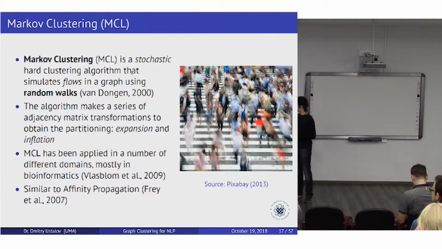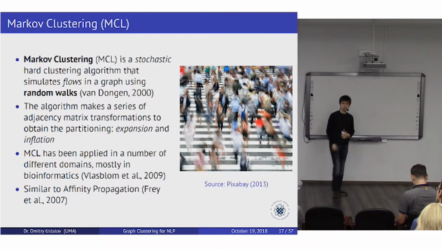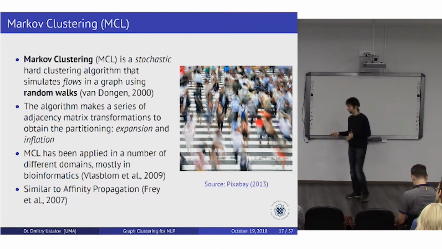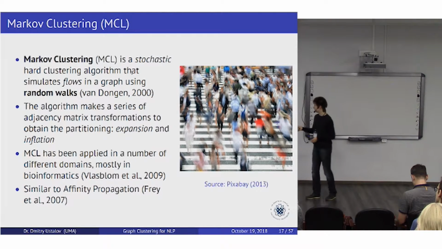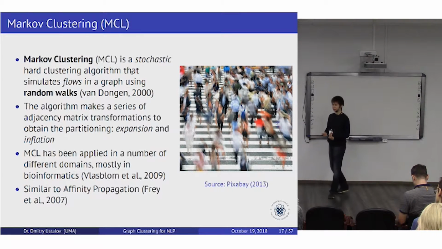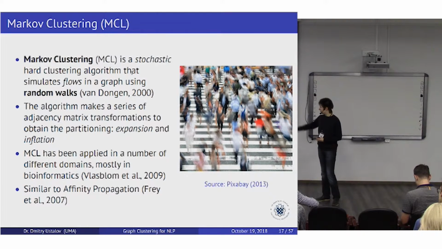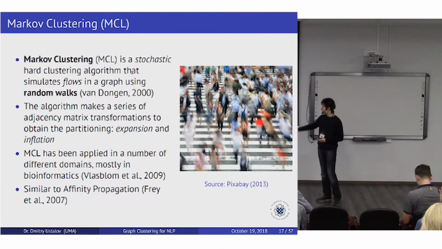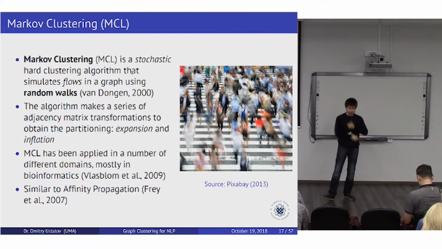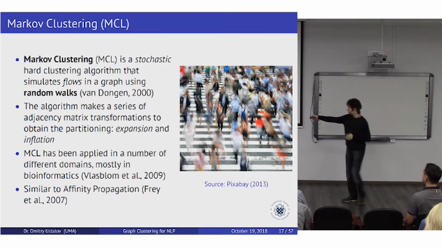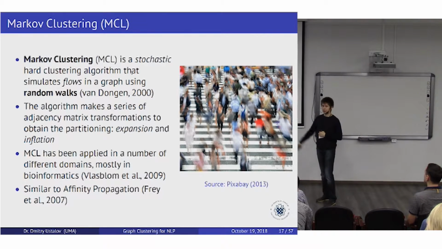And MCL has been applied a lot. Actually, it was not designed for natural language processing. It was designed mostly for bioinformatics stuff. I'm not an expert in this field, so it was used primarily by the author for protein networks. I have no idea what it is. So they claim it to be useful. And in case you know the algorithm called affinity propagation, Markov clustering is similar, but some studies say it's better than affinity propagation.